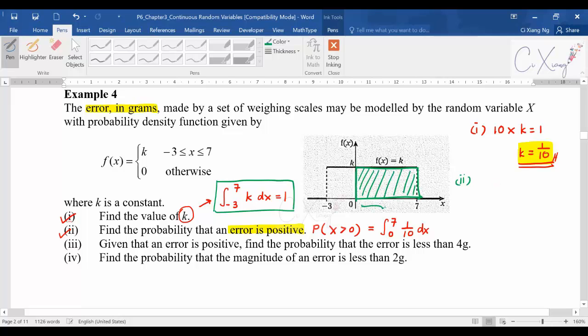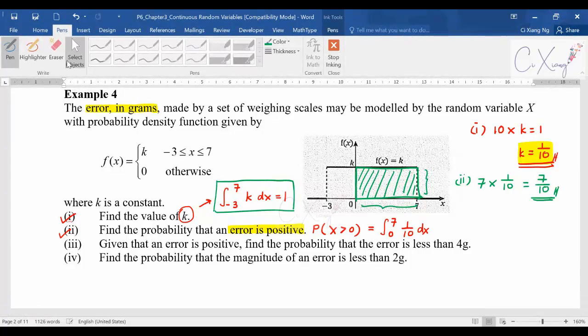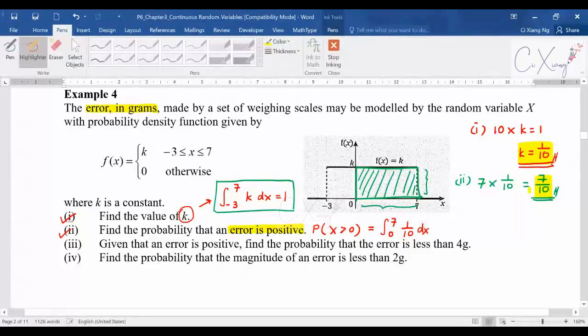What's the area here? You take the base, which is 7, multiply with the height, which is 1 over 10, and it equals 7 over 10. So the answer for the probability is 7 over 10. Very easy. If you don't believe it, you can try the integration and see whether you get the same answer. It will be the same.